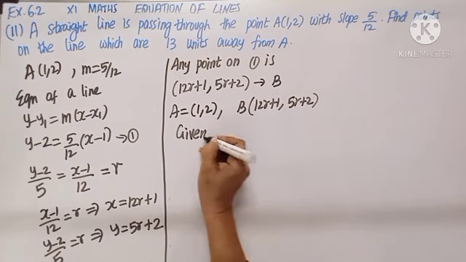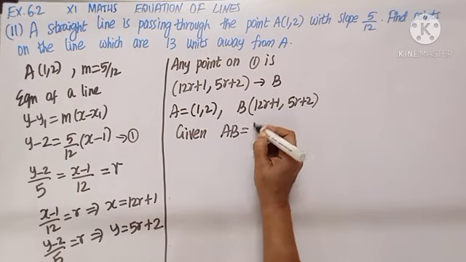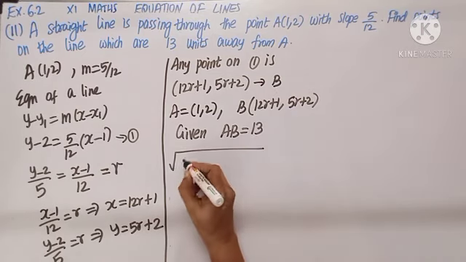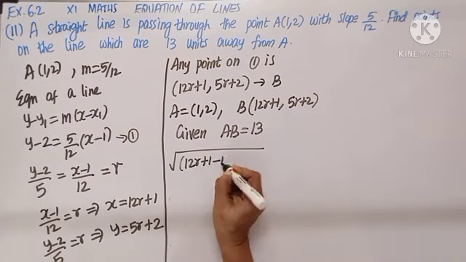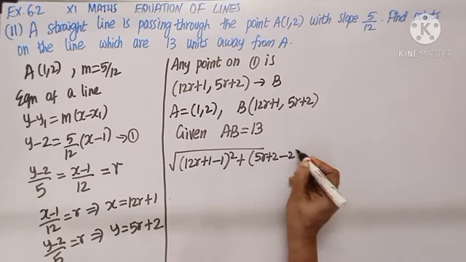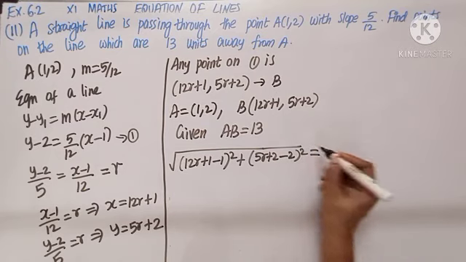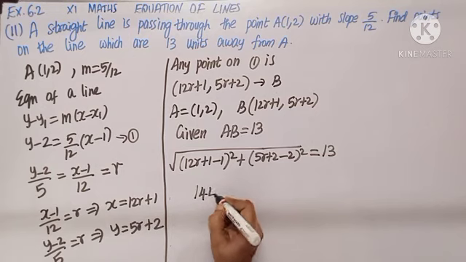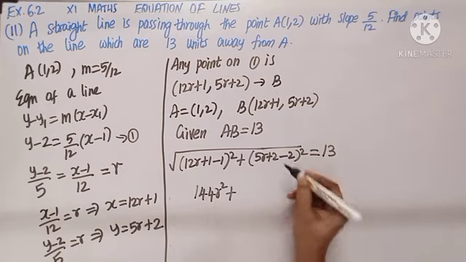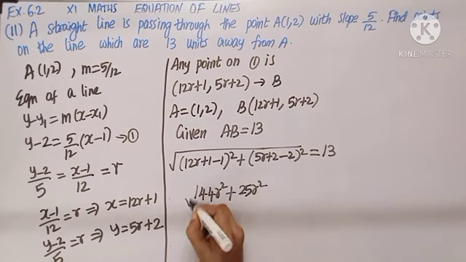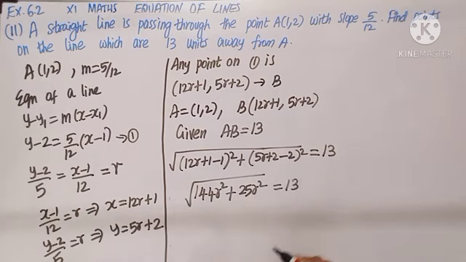Given the distance between them is 13. How to find the distance? Root of (12R plus 1 minus 1) whole square plus (5R plus 2 minus 2) whole square, that is 13. 1 and 1 cancel, I get 144R square. 2 and 2 cancel, I get 25R square. The whole square root is 13.